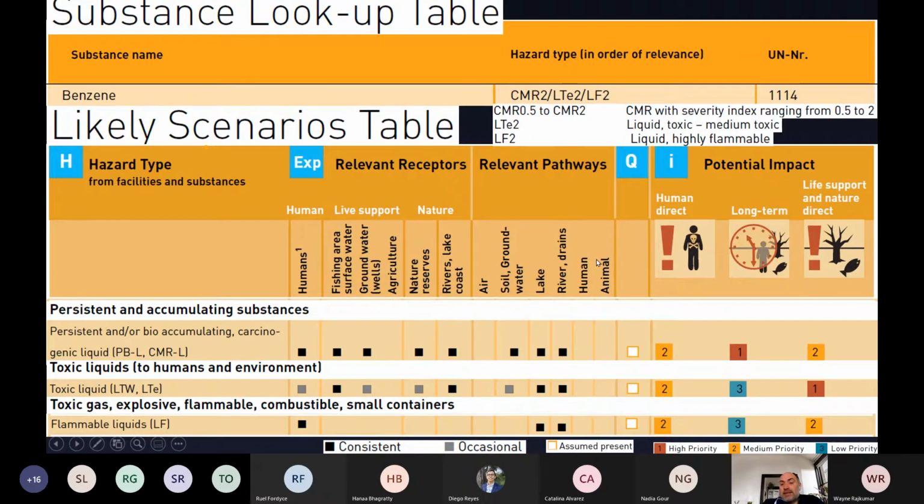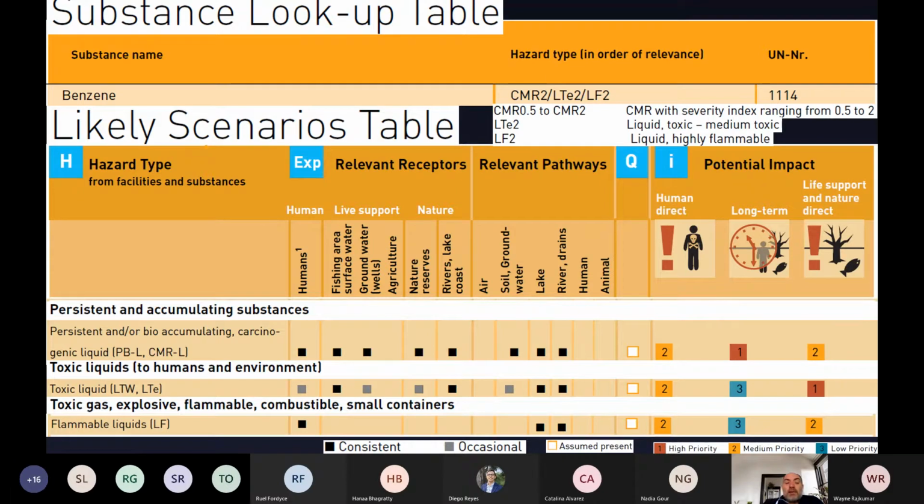And it says in this case, you can see in the right down part, I have first high priority, medium priority. It's the classification of the hazard. So the main action of that hazard is long-term hazard.